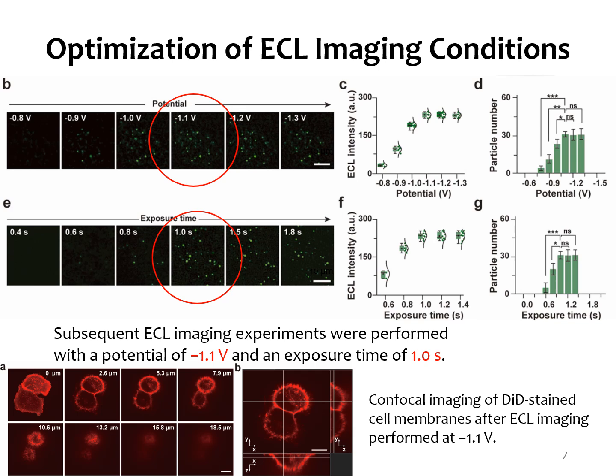Here is the ECL image of QGP-WGA at different potentials. As the potential decreases, the number of individual particles gradually increases, and their intensity becomes stronger.